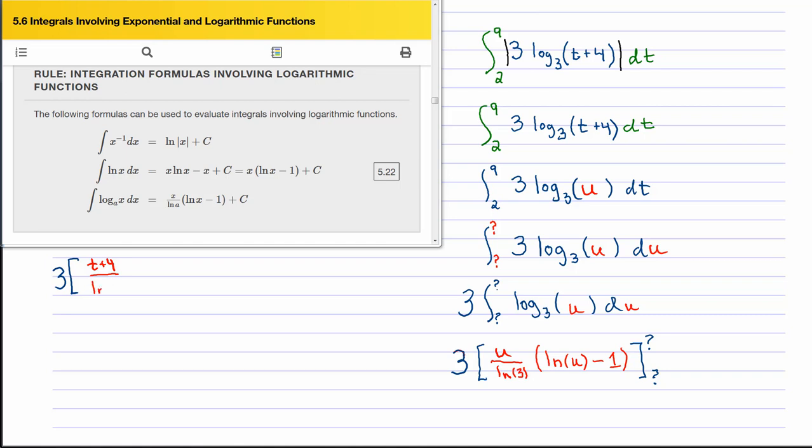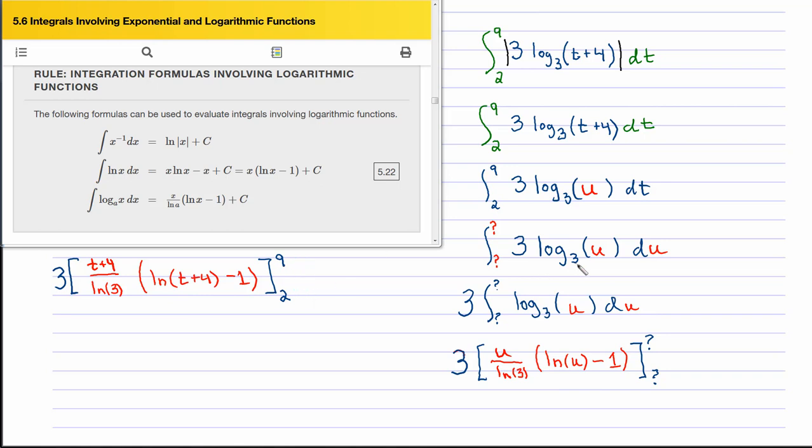So I'm going to have t plus 4 over the natural log of 3 multiplied by the quantity natural log of t plus 4 minus 1. And then that gets evaluated at, and so now the t's are back. So since the t's are back, I can put the 9 and the 2 back. Because the 9 and the 2 had to disappear when we changed into the u language. But now that we're back to t, the 9 and the 2 can come back.